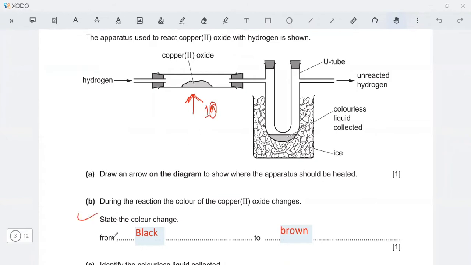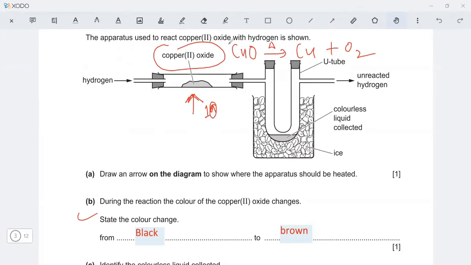Now 1B. During the reaction the color of copper oxide changes from dash to dash. Here the copper oxide is to be heated, so it is going to form copper and obviously oxygen gas.